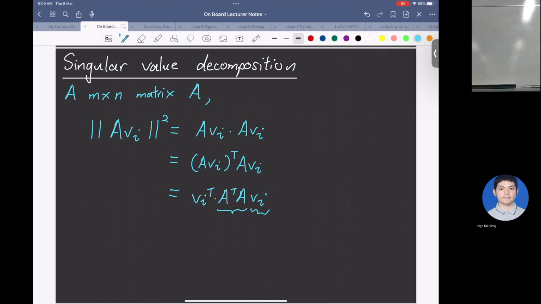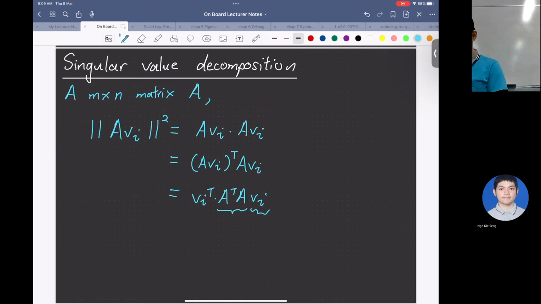Eigenvector. Okay. So if v_i is an eigenvector for this matrix, then you will have some scalar.